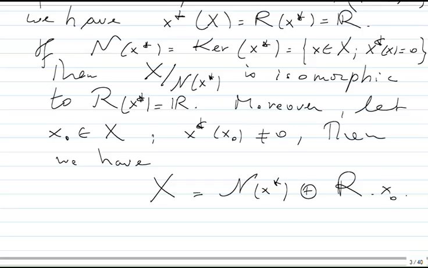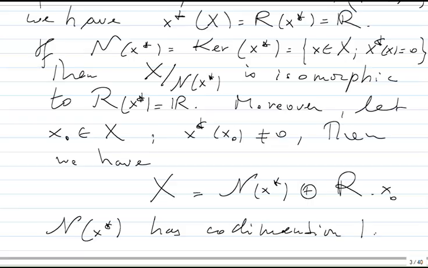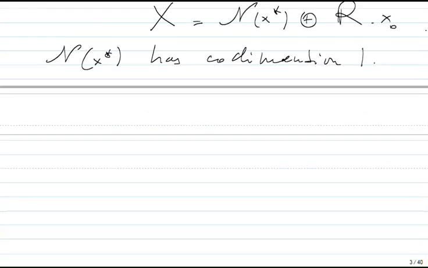So we can prove it, which means that this is what we call codimension 1 subspaces. So N(x star) has codimension 1. In other words, if you add one dimension to N(x star), you get the entire space, and this is known as a hyperplane.